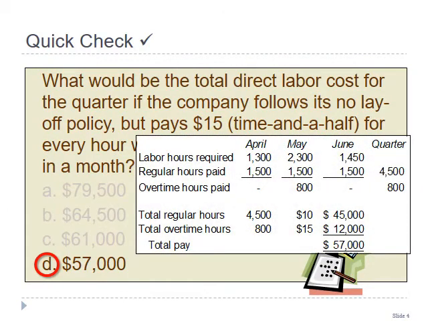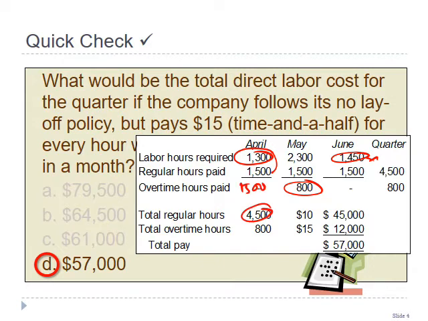Here it is, right? Because this is less than 1500, we consider 1500. So there is no overtime here and there is also no overtime here. The only overtime here is 800. Why is there 1500?